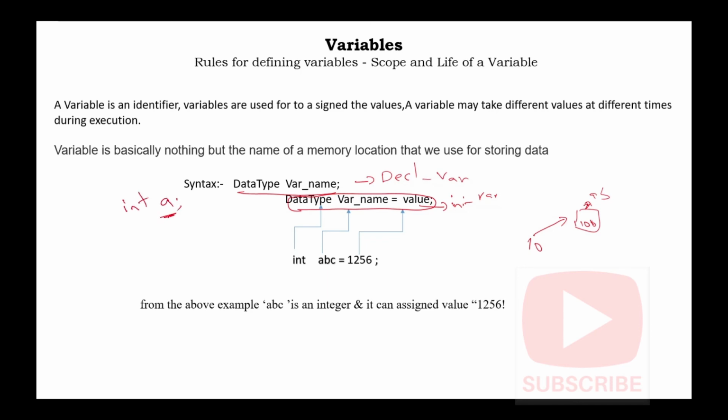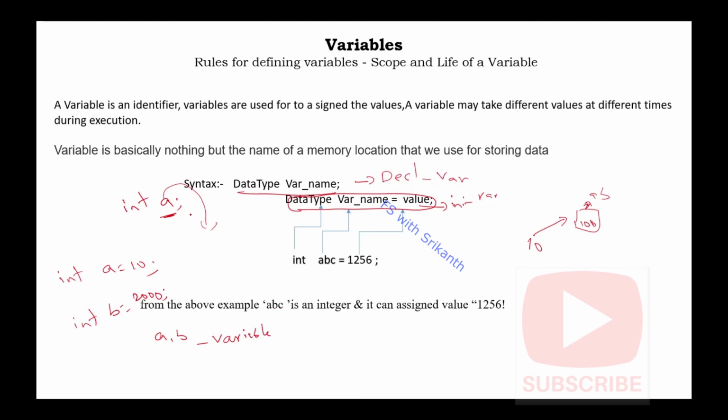Here a is declared, not initialized, meaning a doesn't have any value. That situation is just a declared variable. Its value is initialized at a particular line in our program. The next one, when I write int a = 10, int b = 2000, then we call a and b initialized variables, right?